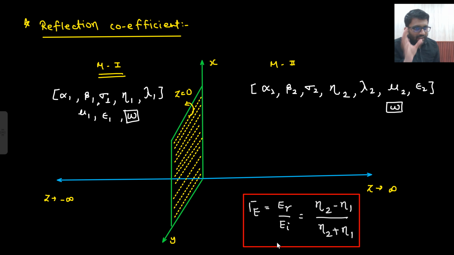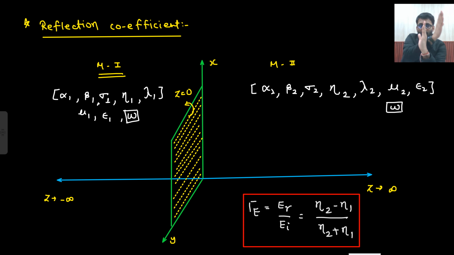But when we studied this particular topic, medium 2 was spread till infinity and medium 1 was spread till infinity. Basically, there is a boundary in between. From here till infinity, the complete medium is medium 1, and from here till infinity, the complete medium is medium 2. Are you getting this point? Now what I do here is, from here the complete medium is medium 1, so I do not do anything with this.